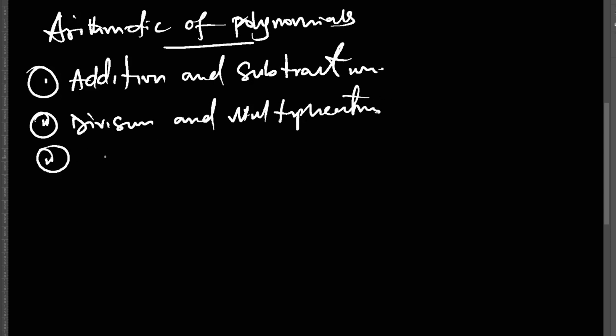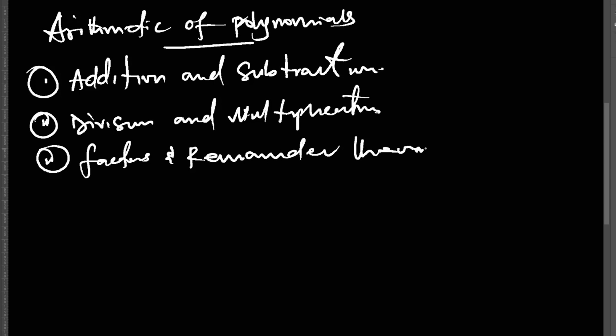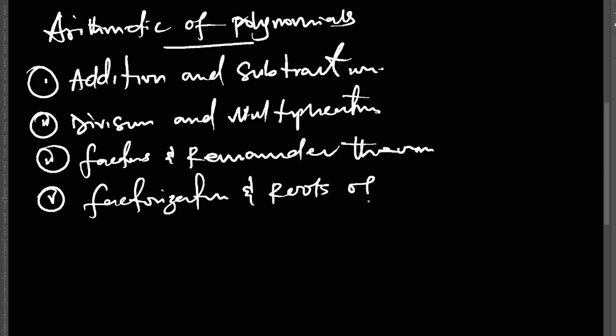We are going to be looking at factors and remainder. We're also going to be talking about the theorem. And lastly, we talk about factorization and roots of equations. So these are everything about the arithmetic of polynomial.